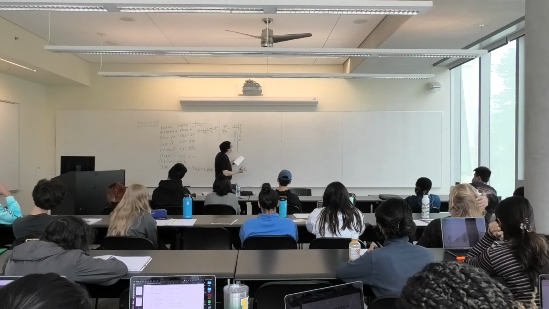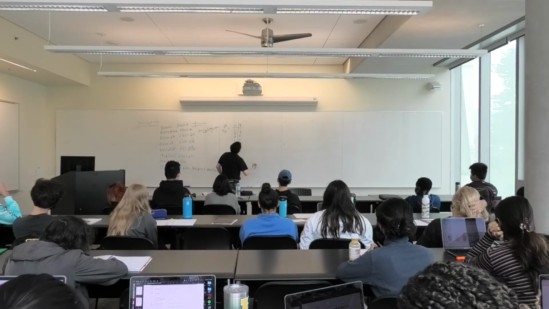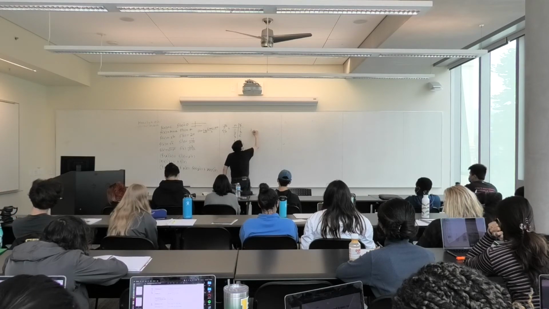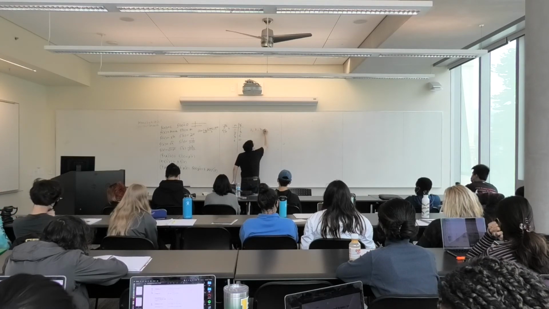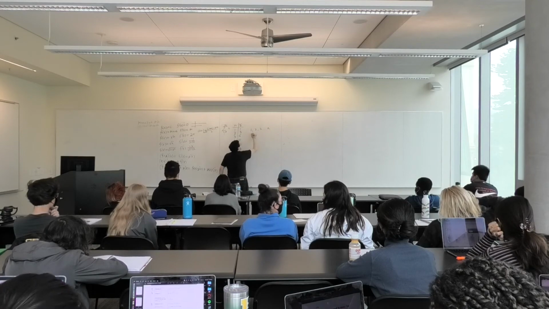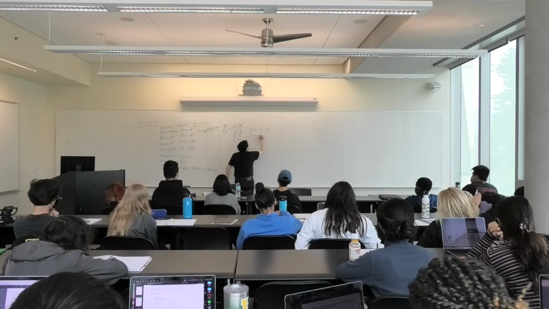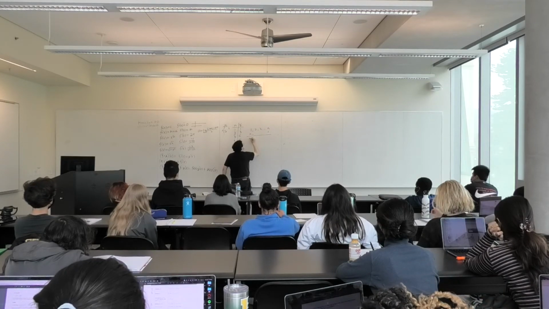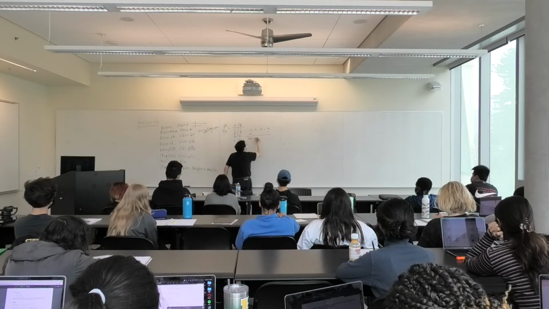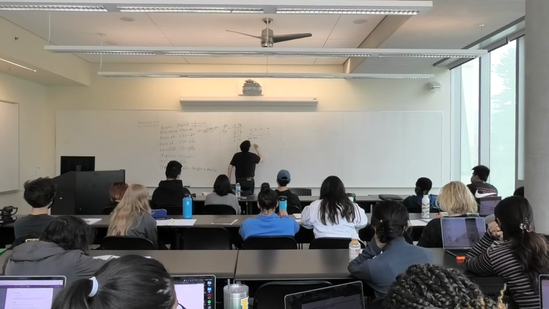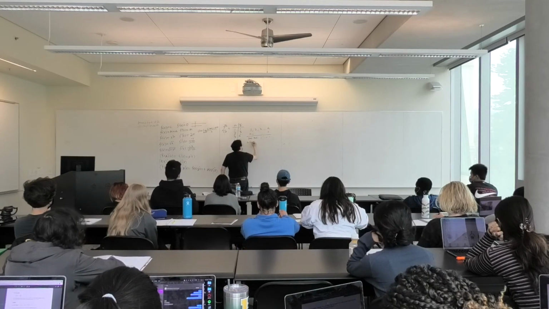So I could use kind of the Gauss method: write 1, 2, 3, all the way to n, and then write it backwards, n, n minus 1, all the way to 1. Add them, and each pair is n plus 1. Okay, so I have n times n plus 1.